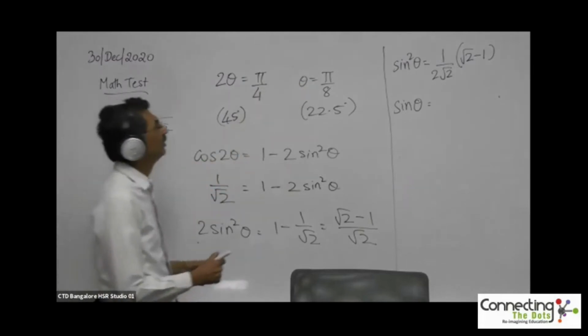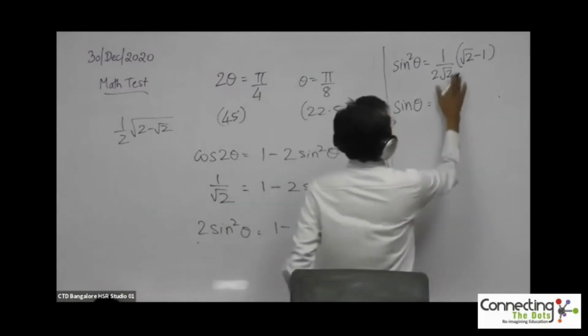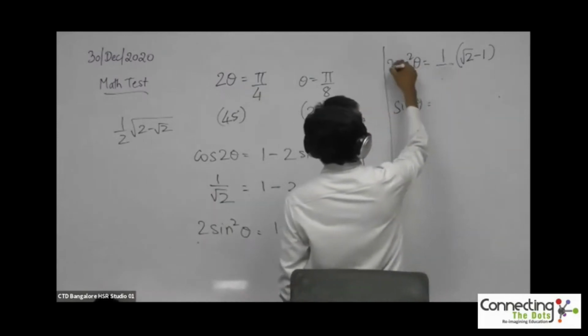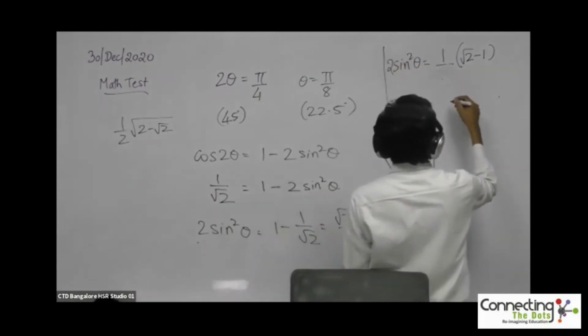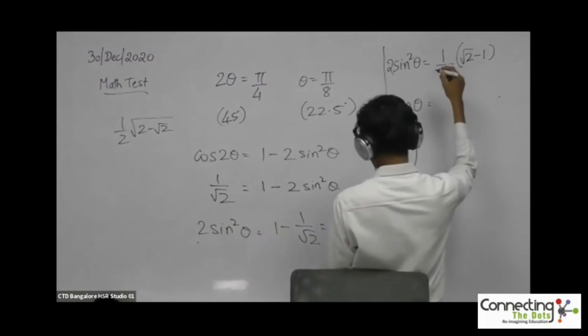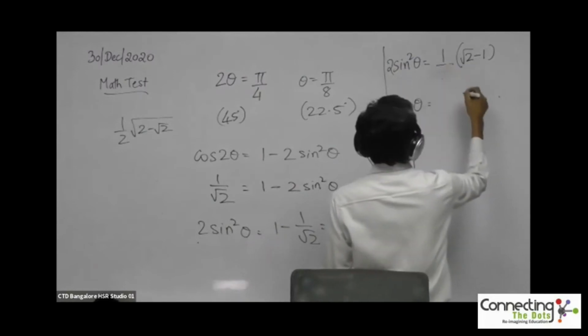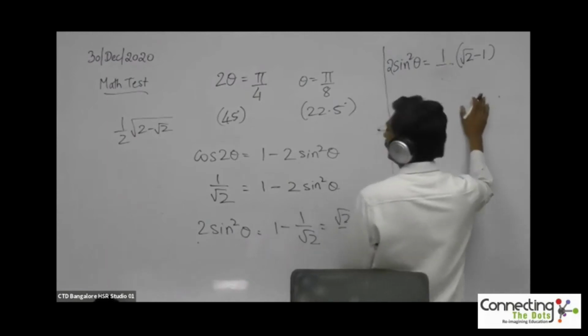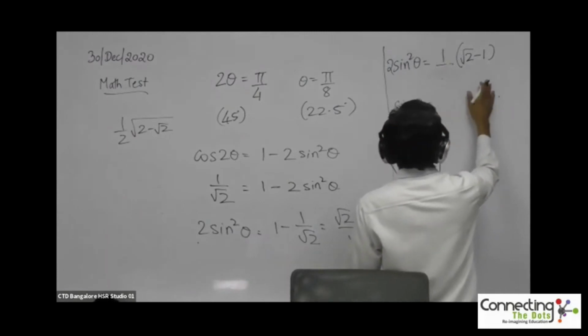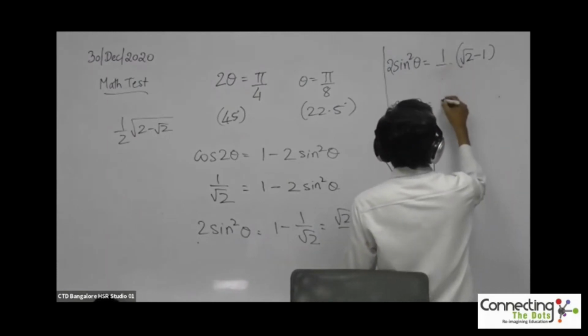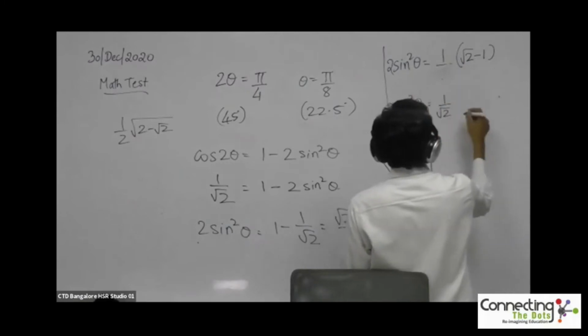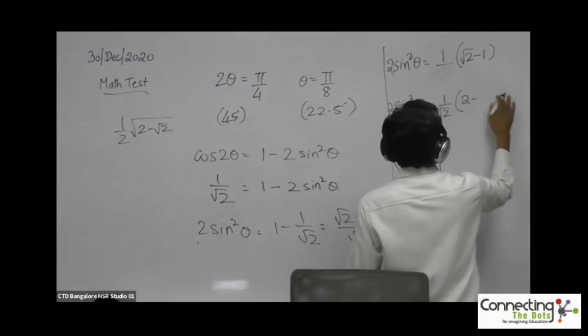So we can do that. 2 sine square theta was, so if we multiply both of them by root 2, this is 1 by root 2 into 2 minus root 2.